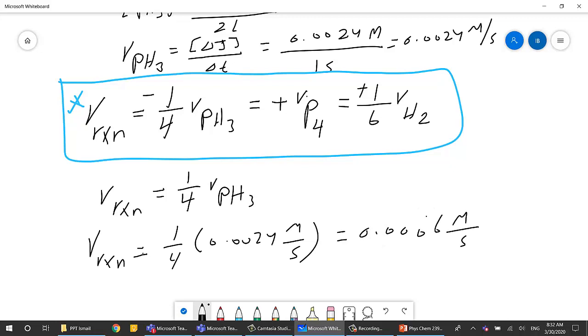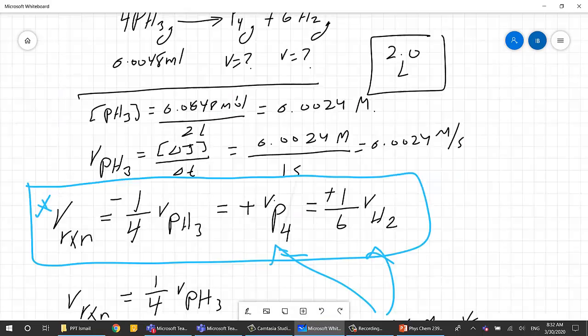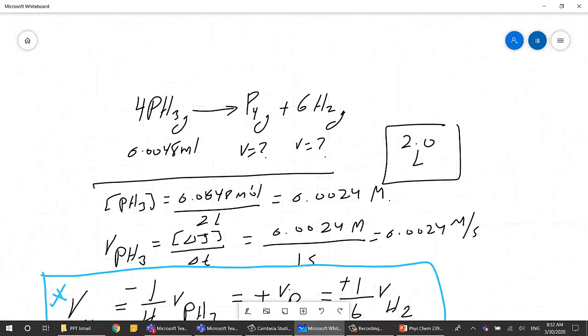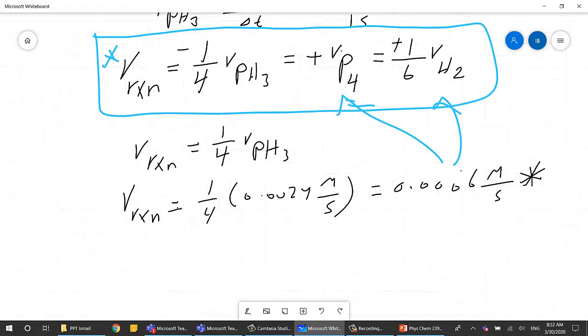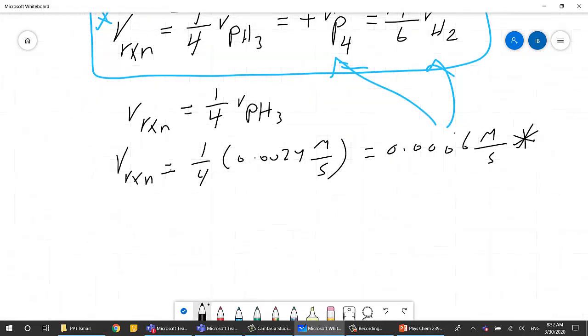This is the rate of the reaction. From the rate, you can calculate whatever you like. You can calculate this one, and you can calculate this one. In this case, because P4 has a coefficient of 1, this is the only one that is actually going at a speed that is equal to the rate of reaction.